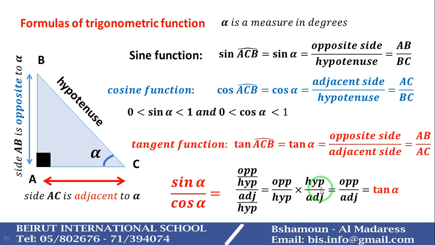By calculating this ratio, opposite over hypotenuse times hypotenuse over adjacent, we can cancel the hypotenuse from the numerator and the denominator, which gives us opposite over adjacent. Does this look familiar? Yes, the value opposite over adjacent is what we see in the tangent function. So we just proved one of the important trigonometric identities: sine alpha over cosine alpha equals tangent alpha.